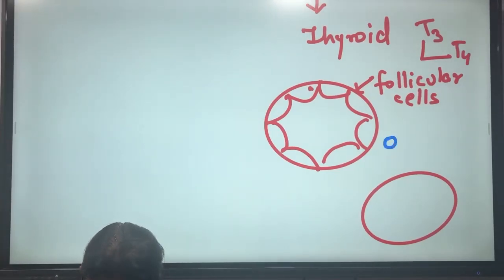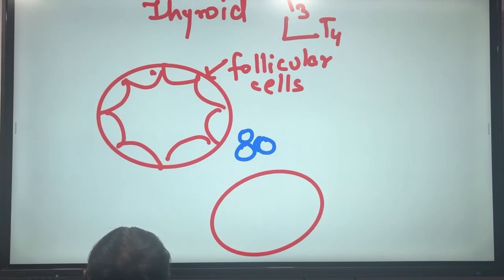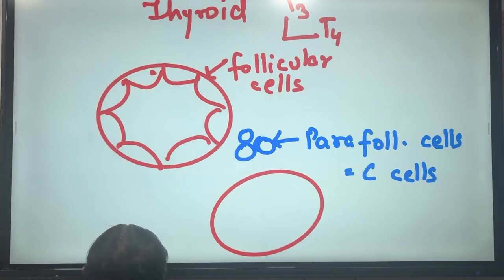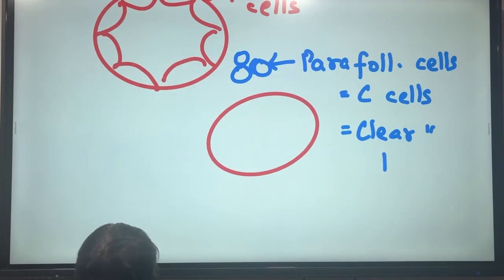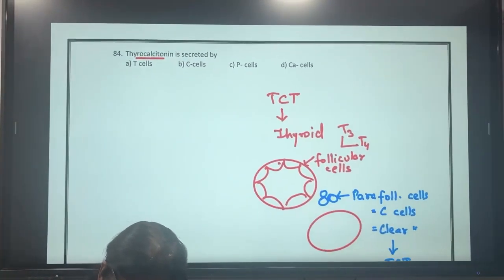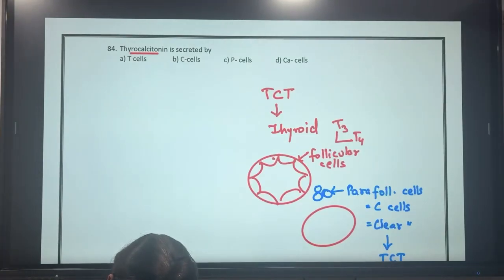But there are cells in between the follicles called the parafollicular cells, which are the same as C cells, also called clear cells. These are the ones that secrete TCT. So your answer is C cells. Answer is option B.